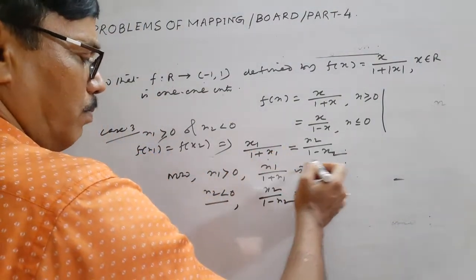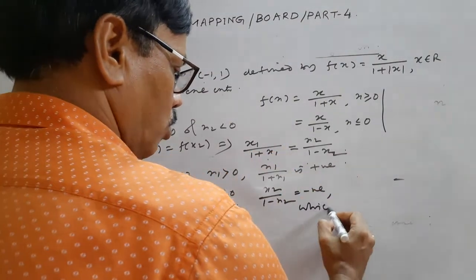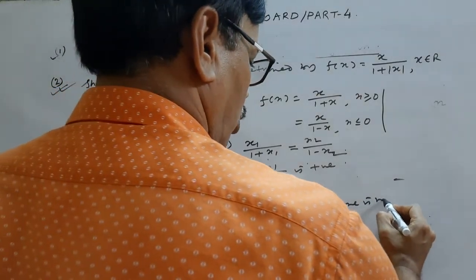This one is positive and this one is negative, so equality is not possible.